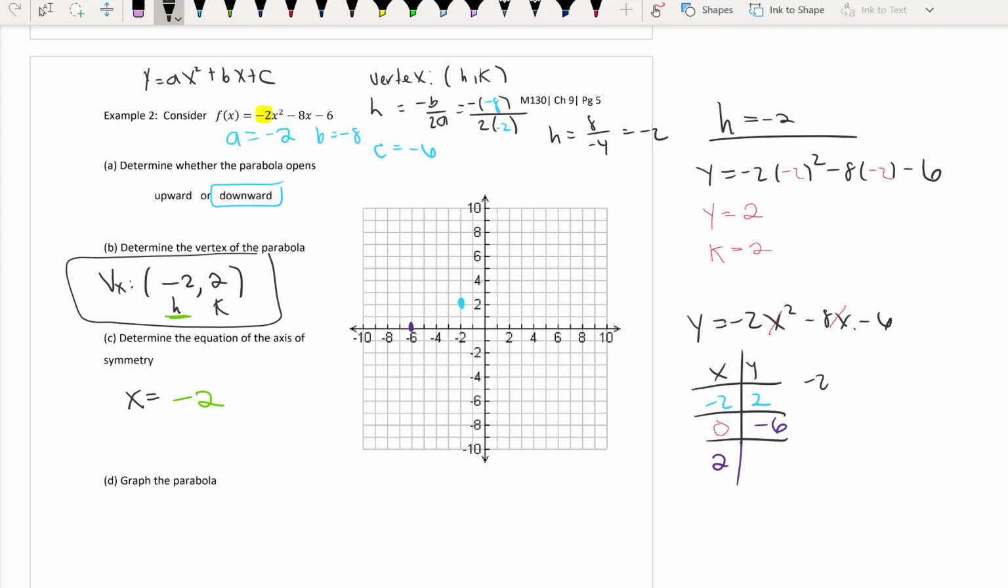Well, I would have -2 squared minus 8 minus 6, and that value that I'm plugging in now is going to be +2. So plugging that into my calculator, that gives me -30.